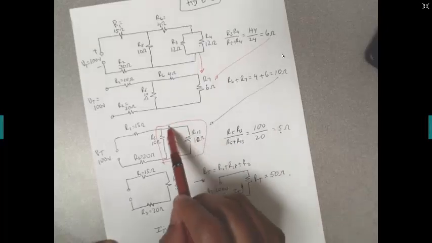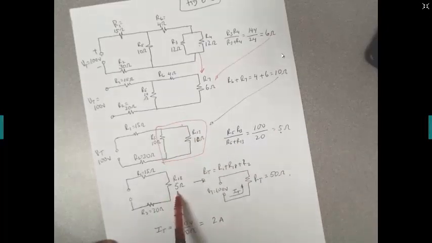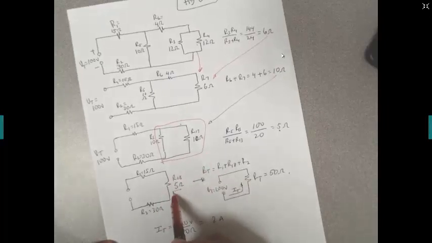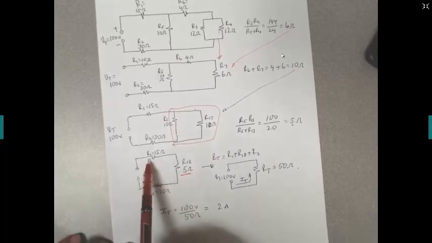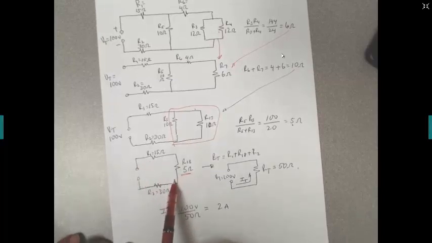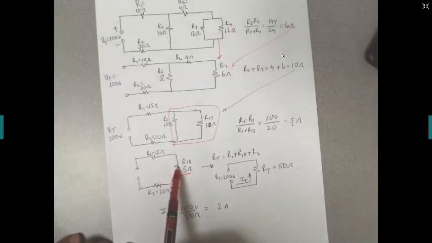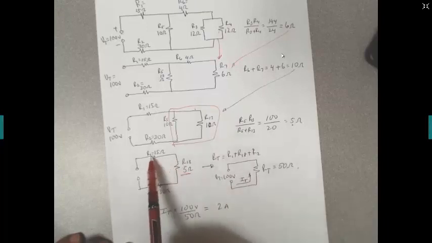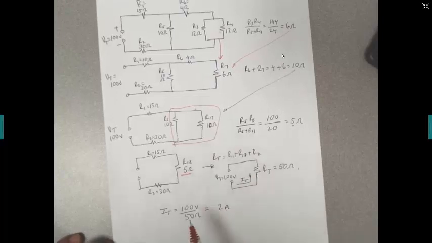So I can replace this bank of parallel resistors by one single equivalent resistor of 5 ohms. All right. Now I have 3 single resistors in series. Because they're in series, all we have to do is add the values of all 3 of them, and we can replace this circuit by a single resistor circuit with a total resistance of 50 ohms.